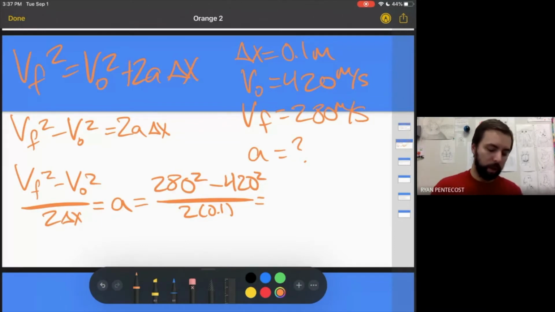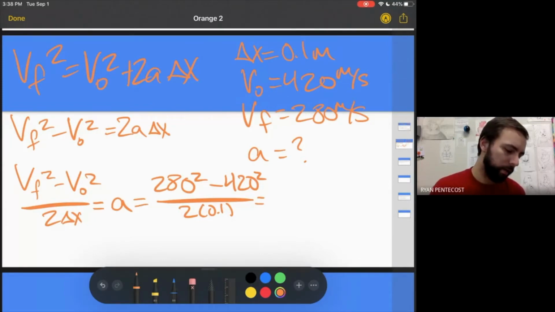Let's hope it's got batteries. And it does. So let's do that math, shall we? 280 squared minus 420 squared, divided by 2 times 0.1. What I got was a very large, very negative number.